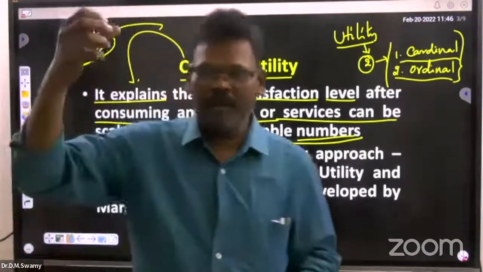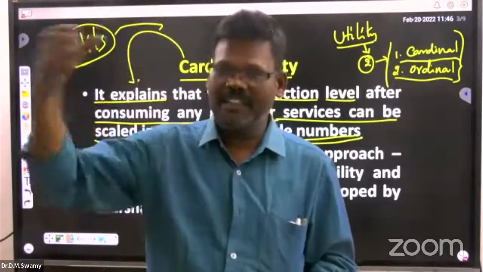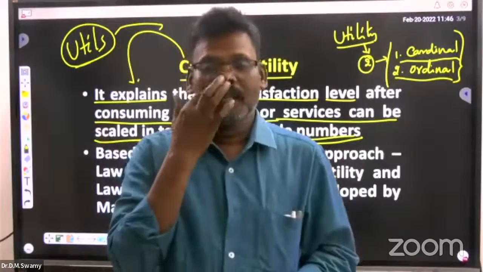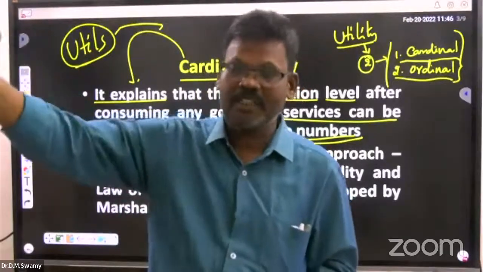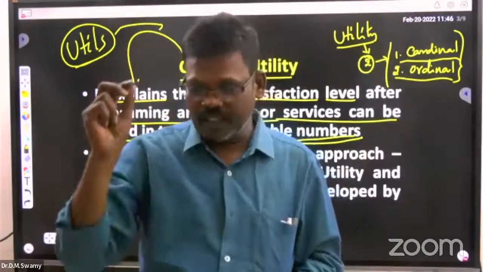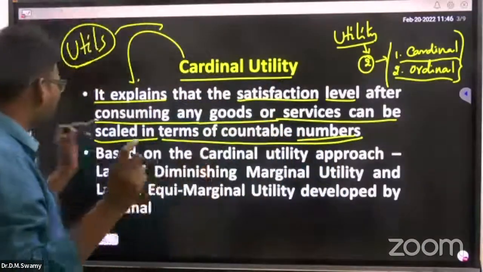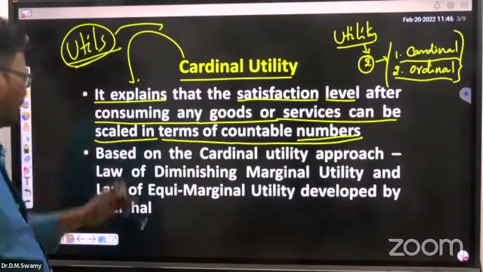For example, you measure weight in terms of kilograms. Like that, we measure distance in centimeters or kilometers. Like that, whatever utility we are getting can be measured in utils. That is a measurement name.